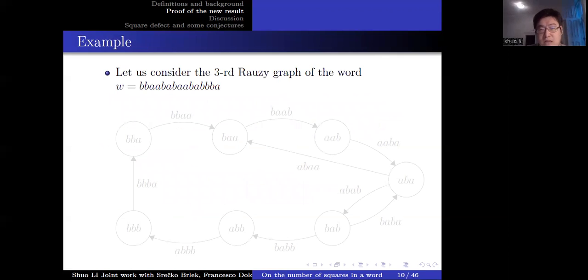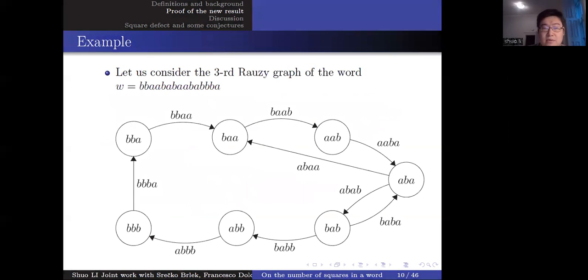So for those who are not familiar with this definition, let's consider an example. If we let W be a word like this, then the Rauzy graph of order 3 of W should be like this. We can find all the length 3 factors of the word W on the vertices and all the length 4 factors of W on the edges.